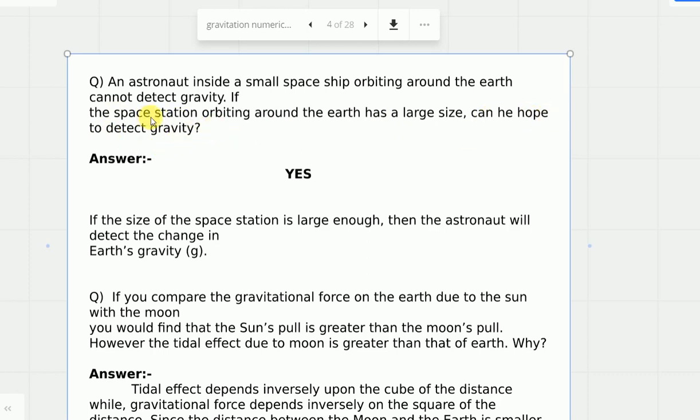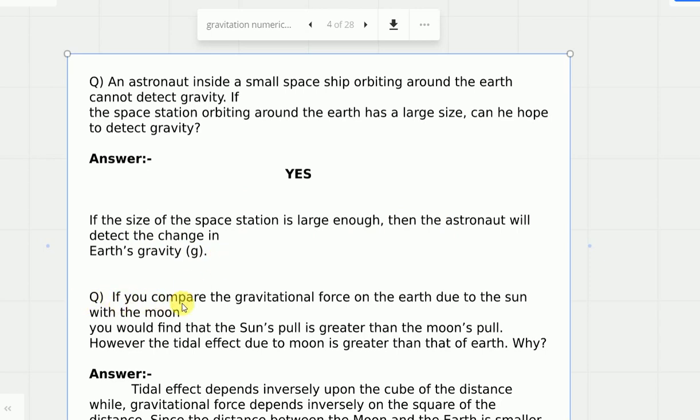So the answer is yes. If the size of the space station is large enough, then the astronaut will detect the change in Earth's gravity.